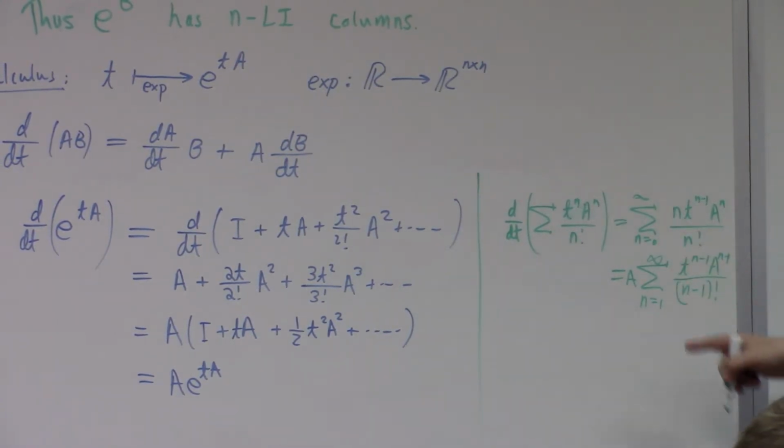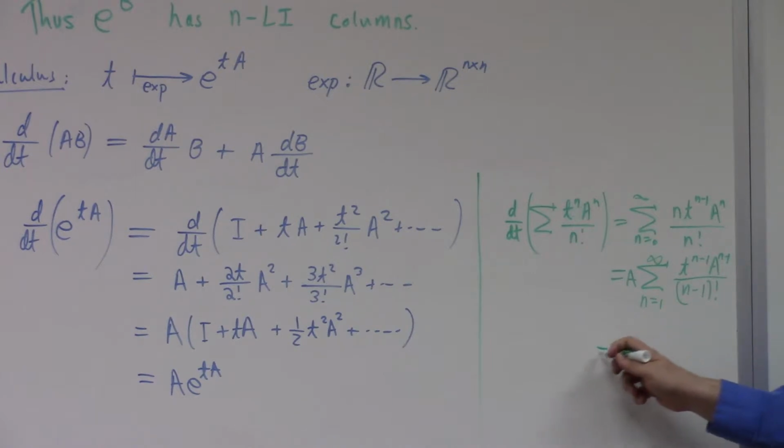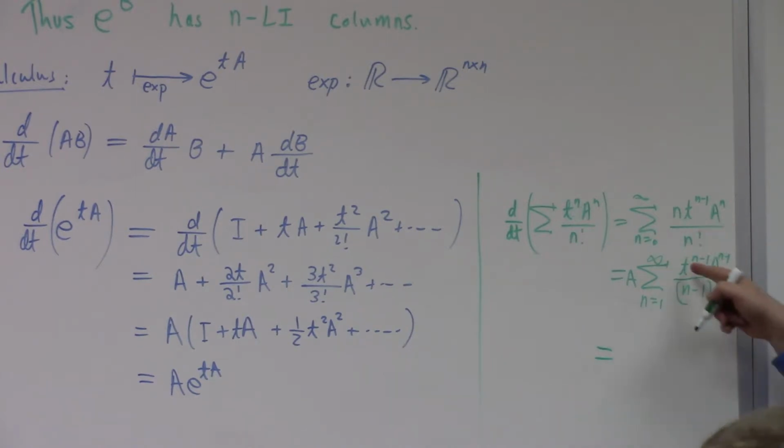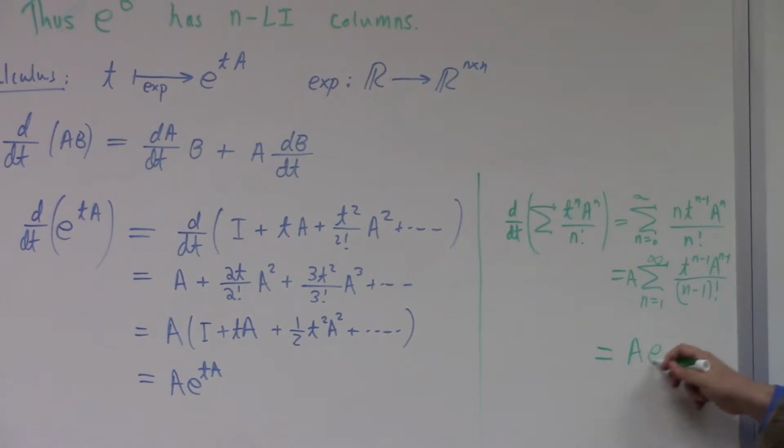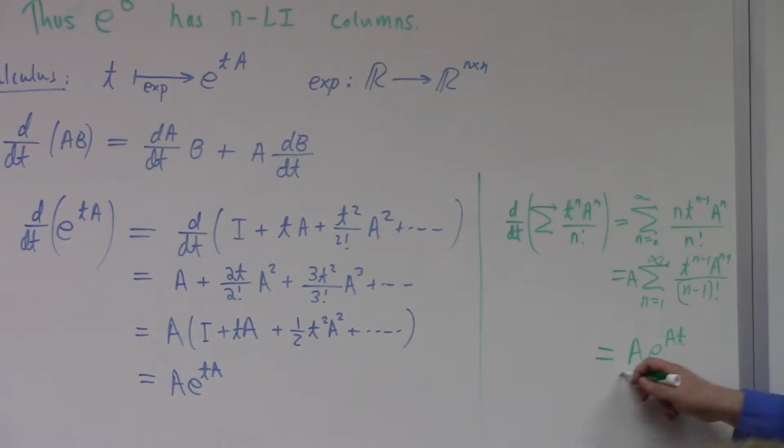I dropped the 0 because it's 0 up here, and of course then this is just relabeling with n minus 1 in the place of n, so that's the matrix exponential again.